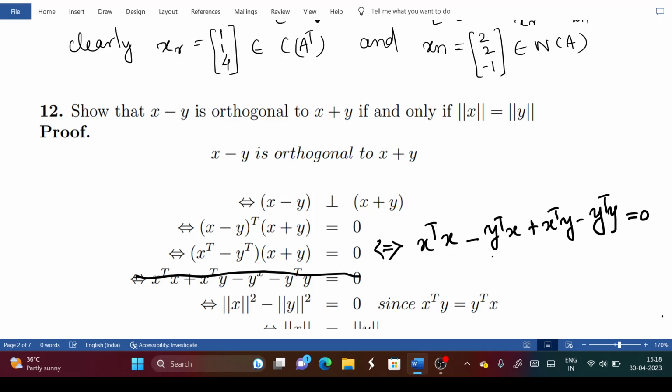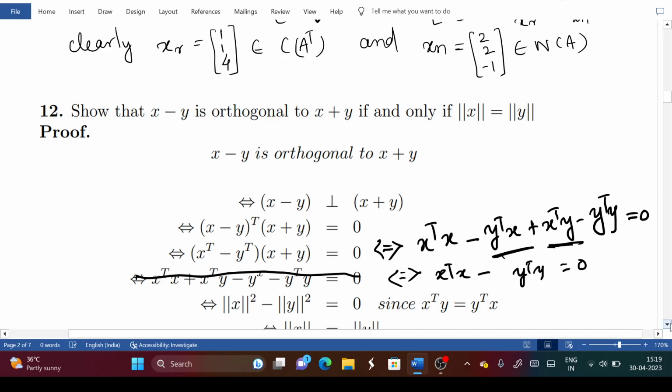These two terms have the same values but opposite signs, so they cancel each other. Then we will get only x transpose x minus y transpose y is equal to 0. But x transpose x represents the square of the length of x, that is the norm of x squared, minus the square of the norm of y, hence that value is 0.